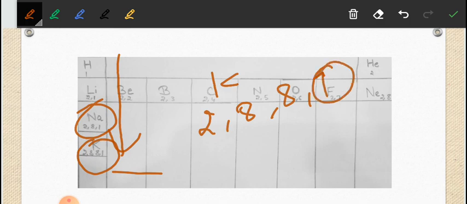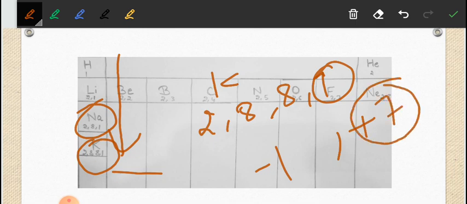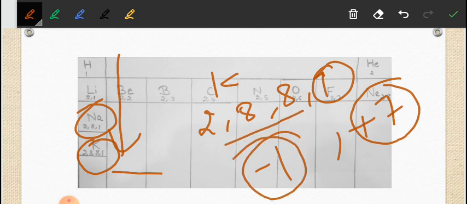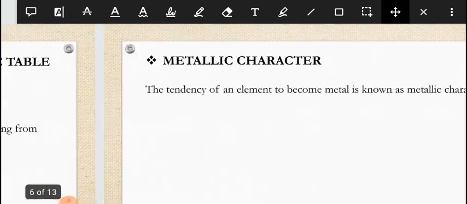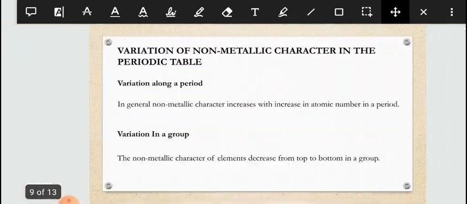It has two possibilities: to become stable, it can donate 1 electron, or it can gain 7 electrons. To gain 7 electrons, it needs a much greater amount of nuclear charge, which this element does not have, so it loses 1 electron and becomes stable, so it will not behave as a non-metal. So as we move down the group, the tendency to become a non-metal decreases.